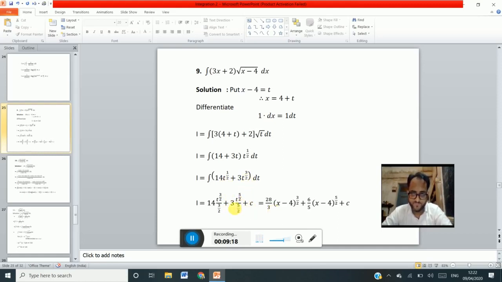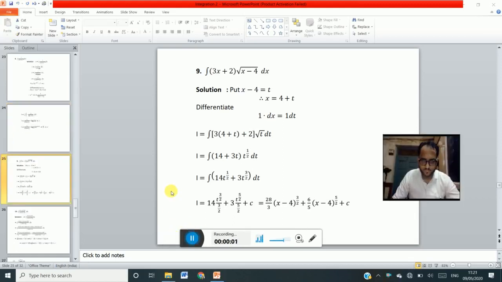So what do we get? 1 upon 3 by 2 means 2 by 3. 2 by 3 into 14 is 28 by 3, into t, meaning x minus 4, to the power 3 by 2, plus again 1 upon 5 by 2 means 2 by 5. 2 by 5 into 3 is 6 by 5, into x minus 4 to the power 5 by 2, plus c. So this is the final answer in this case, right? Try to understand this also.